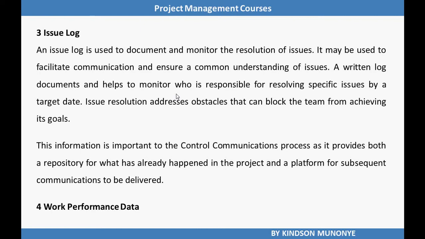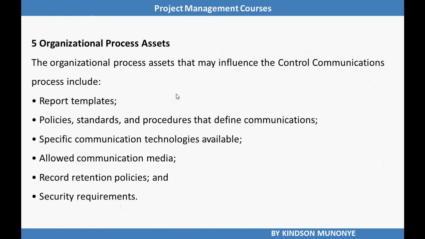Another important input to control communication is the work performance data. The work performance data organizes and summarizes the information gathered and presents the result of comparative analysis to the performance measurement baseline. So the work performance data is an important input to control communications.